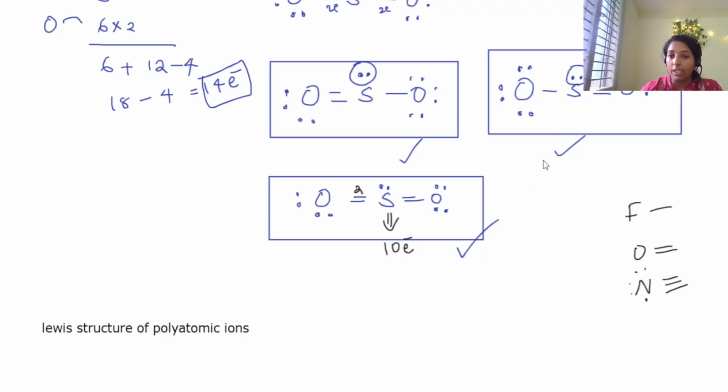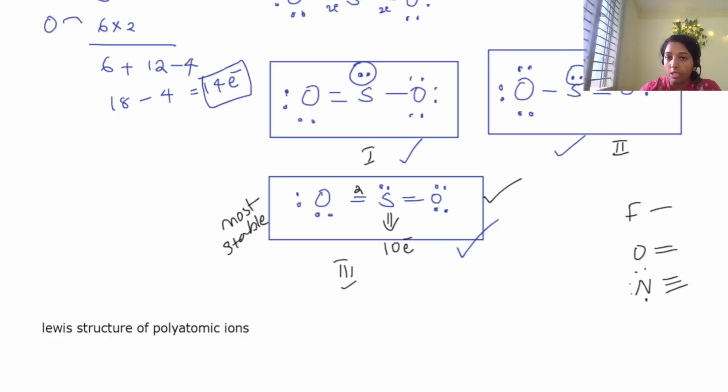So that's why in this structure the more stable one is this one. Okay, the most stable structure is this one. But when you are drawing the Lewis structure, the first one, second one, third one, all are correct. All are Lewis structures, but the more stable structure may be this one.